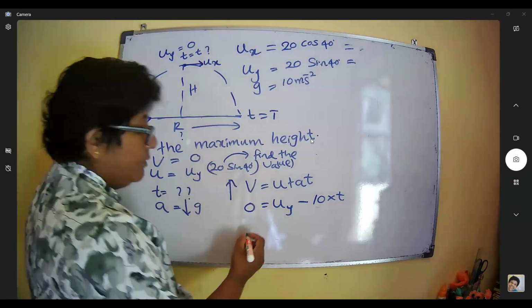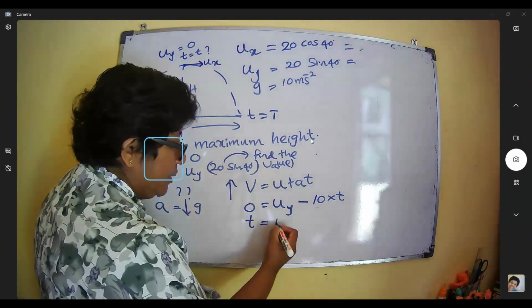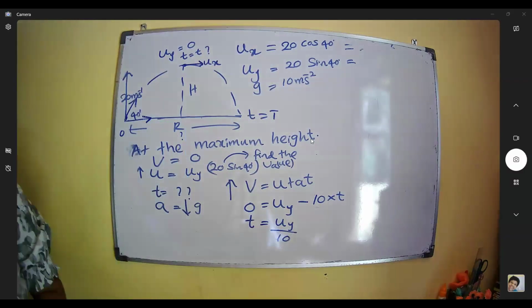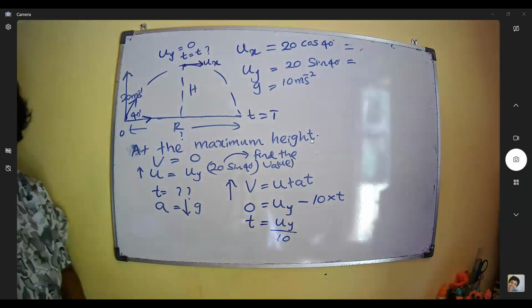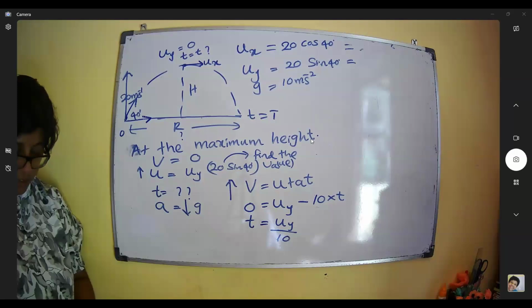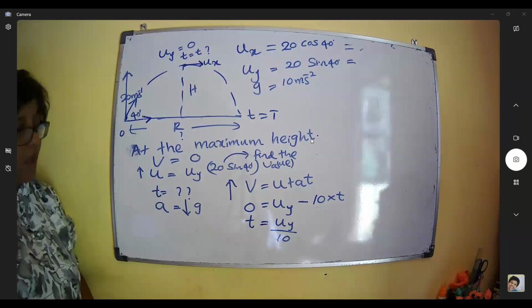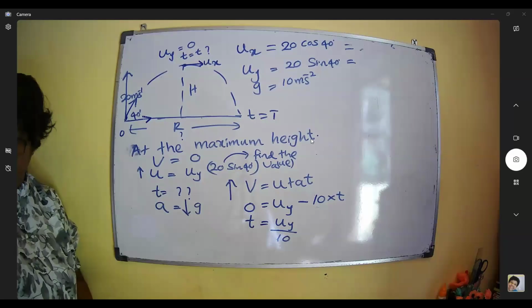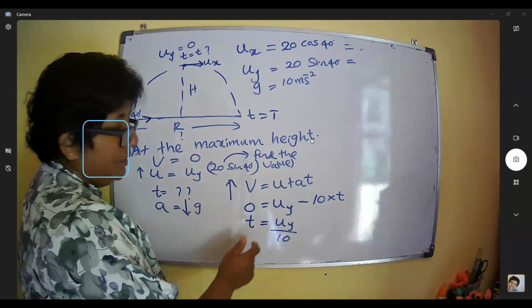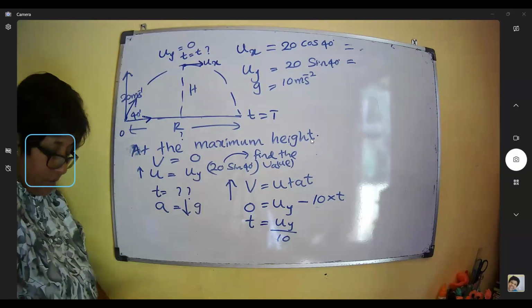Then we can put values and t is equal to Uy divided by 10. It's clear? This is the time interval upward to the maximum height.